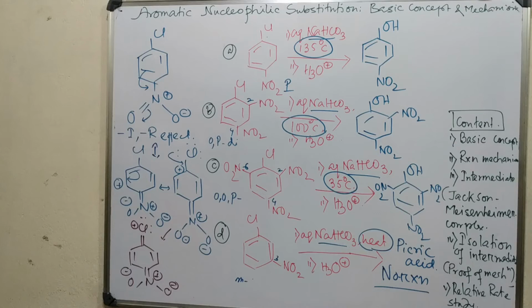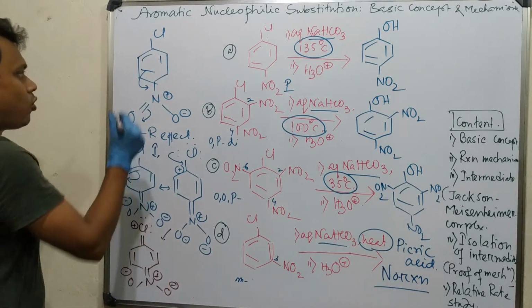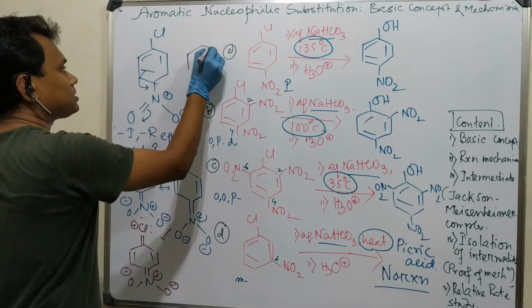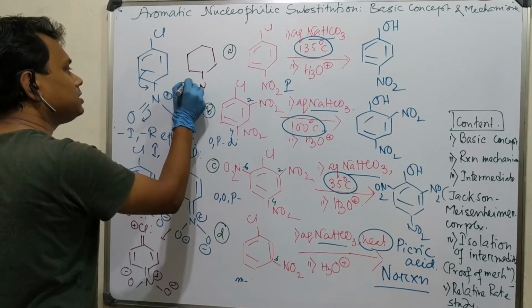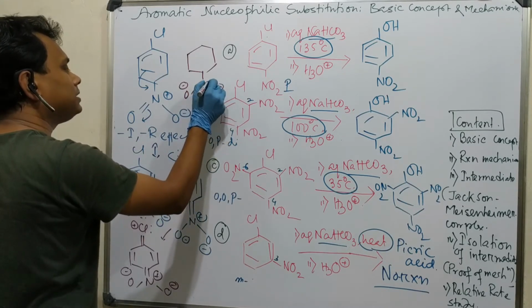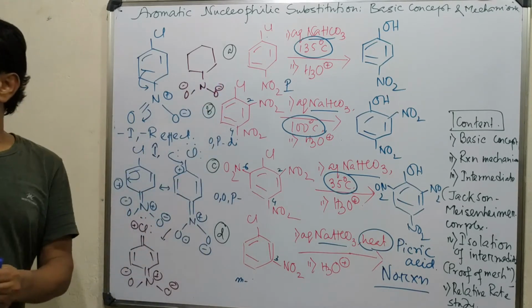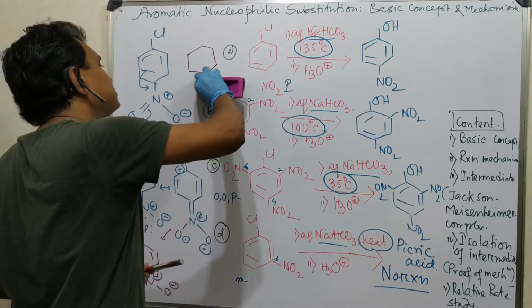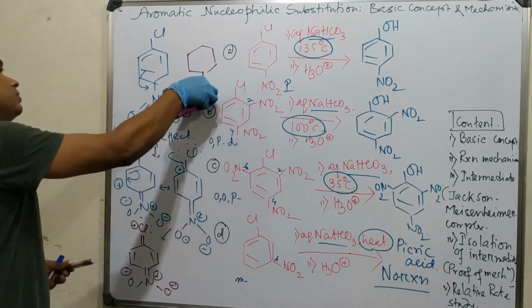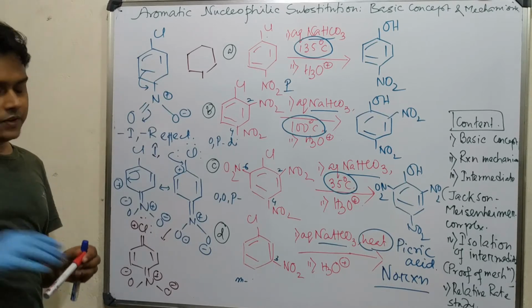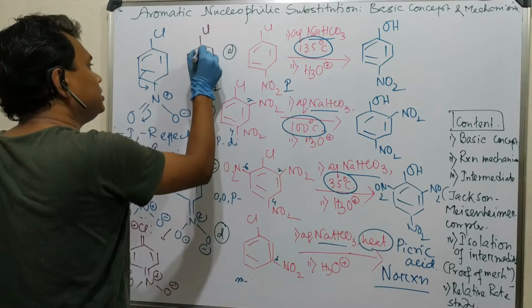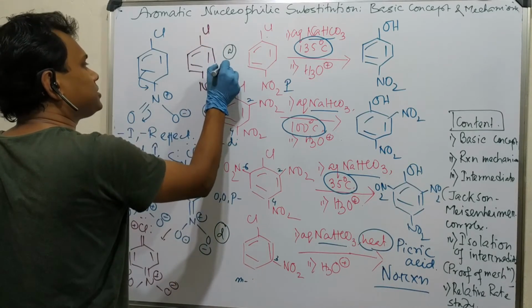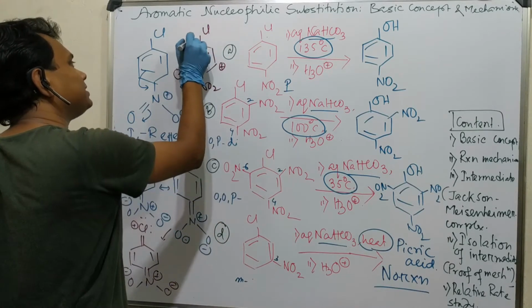What do I mean by these resonance structures? I want to give you the answer that overall, if we draw this molecule again, in a simple form, this para-nitrochlorobenzene derivative introduces a plus charge here, here and here.